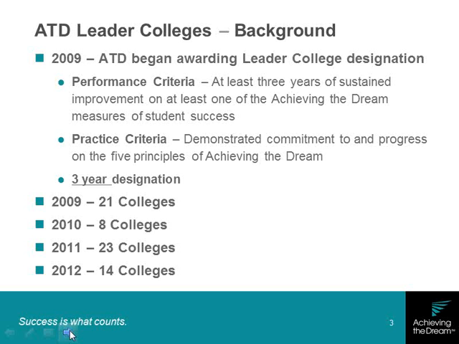To date, a total of 66 colleges have been awarded Leader College status. And of course, when Achieving the Dream established Leader Colleges, it was determined that they would serve for 3 years and then need to apply for recertification.